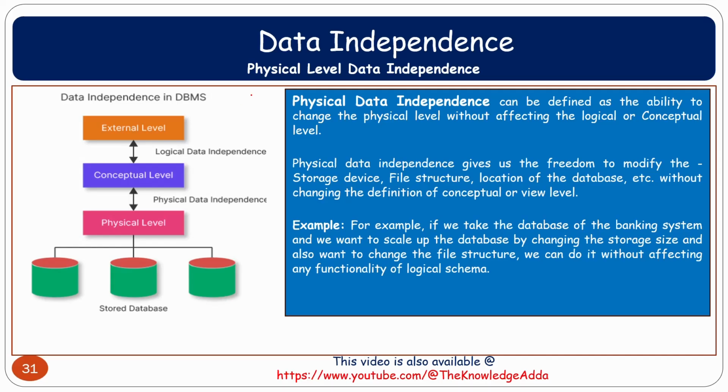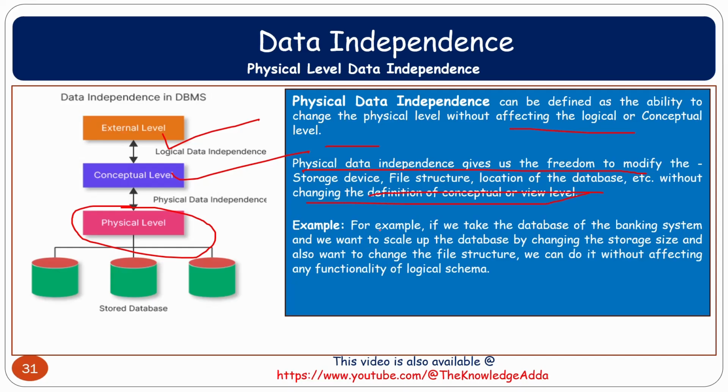So now, what is physical data independence? Physical data independence can be defined as the ability to change the physical level without affecting the logical or conceptual level. Means we are making changes here without affecting this and this. Physical data independence gives us the freedom to modify the storage device, file structure, and location of the database without changing the definition of the conceptual or view level.